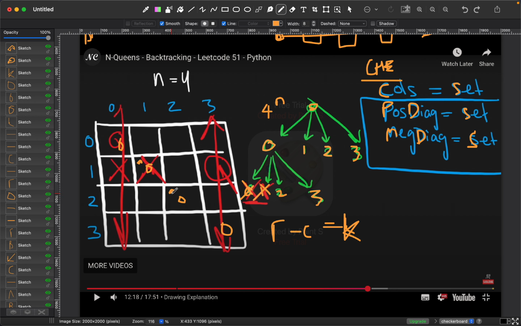So this second item onwards is rejected, because in the set you can only have one item. And so for the negative diagonal, you're going to use the formula R minus C to check for this second duplicate item to get cancelled out.